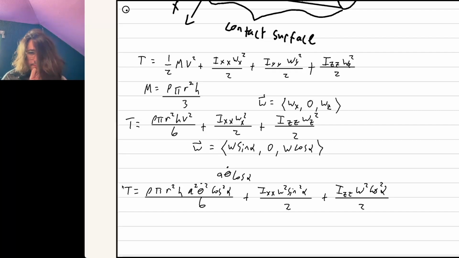All right. It'd be nice if those were equal, but they ain't.